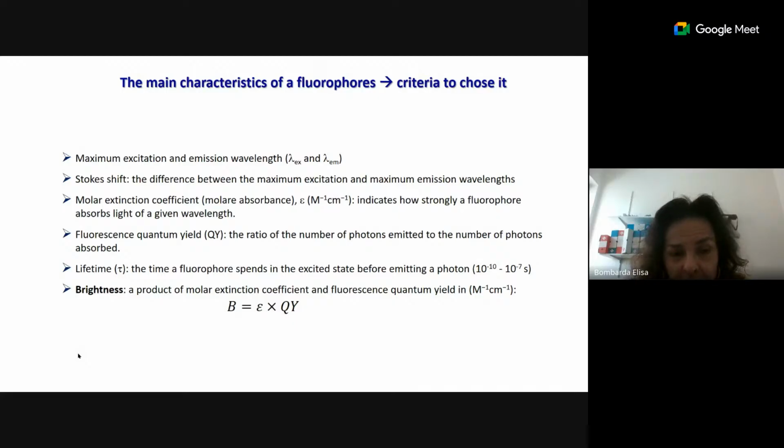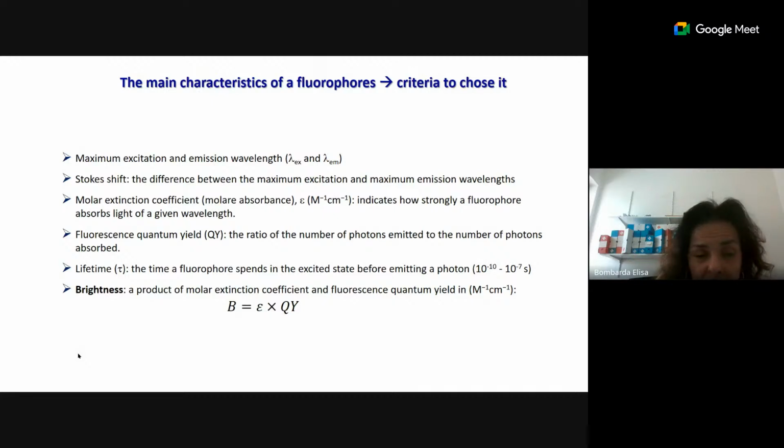Molar extinction coefficient is an important characteristic. The fluorescence quantum yield: you want to use a probe that has a good signal in general. Lifetime also, if it's long enough to monitor your mechanism, in case you want to do some lifetime experiment.